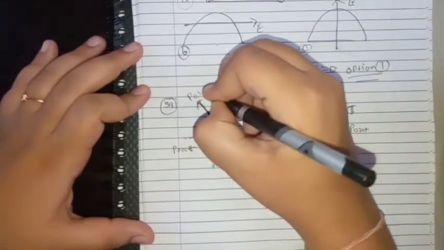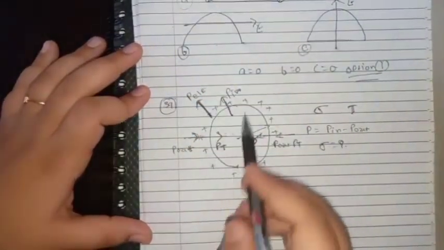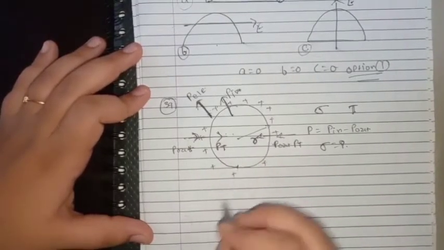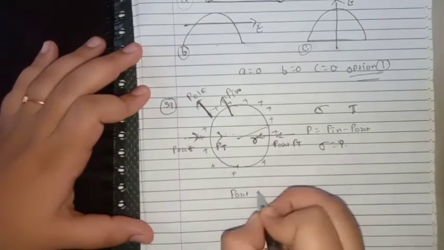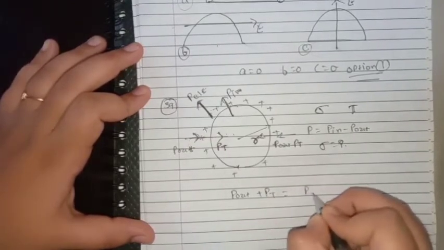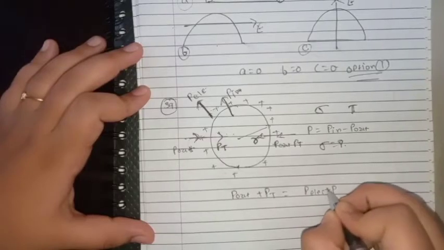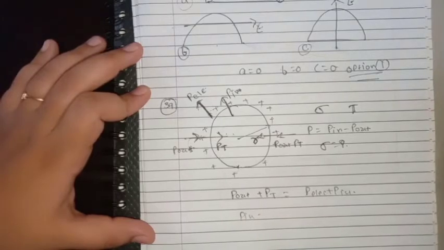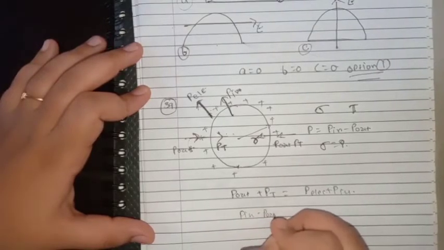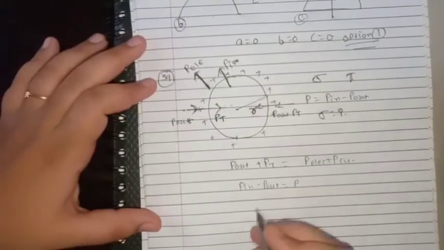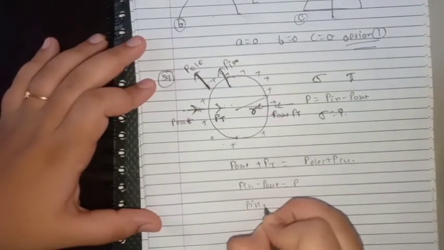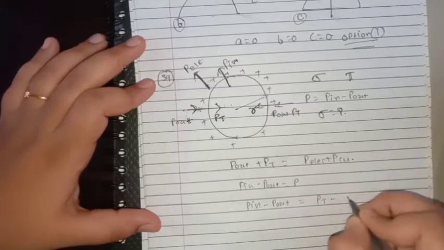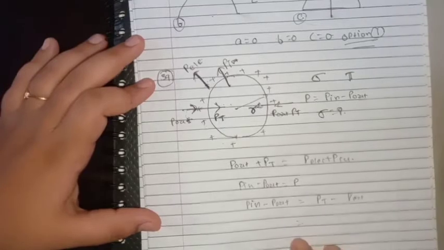Let's say this is pressure due to electrical charges. As the soap bubble is in equilibrium, it is not bursting out, we can write P out plus P T is equal to P electrical plus P in, but P in minus P out is equal to P. So we can write P in minus P out is equal to P T minus P electrical charges.